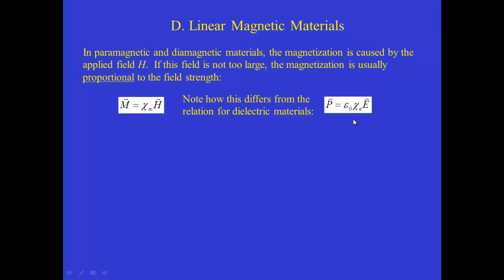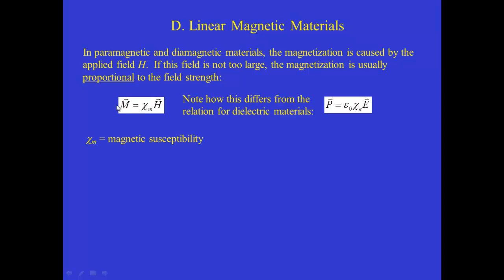I've always thought that this is kind of a strange definition. We have it for historical reasons, but I think the relationship between the magnetization and the applied field H makes more sense, because H is directly the applied field that one generates in the laboratory, let's say by running current through a solenoid and putting a sample inside the solenoid. That sample then gets magnetized according to this relationship.